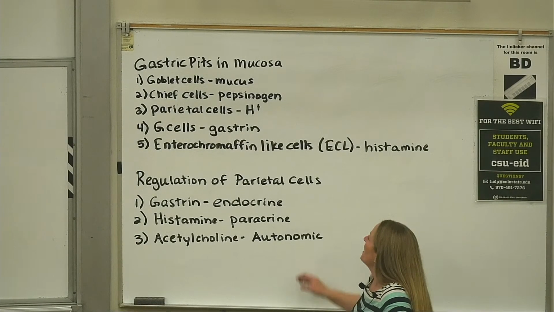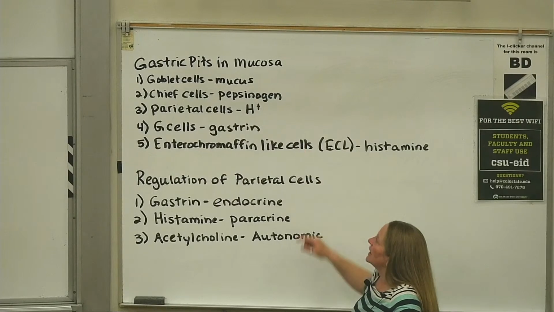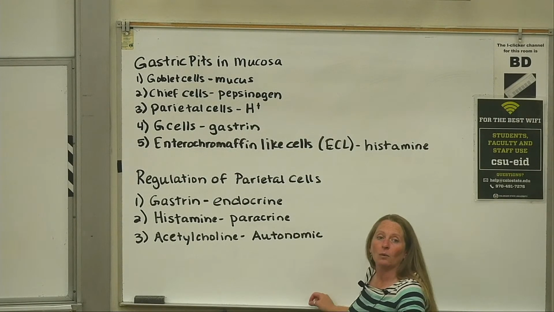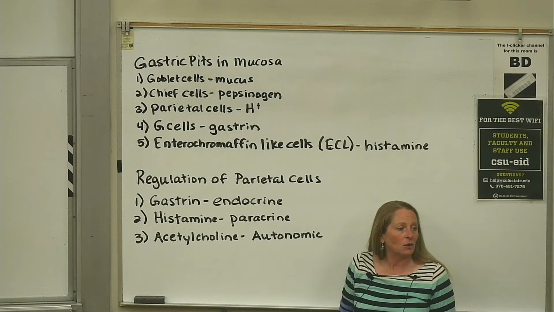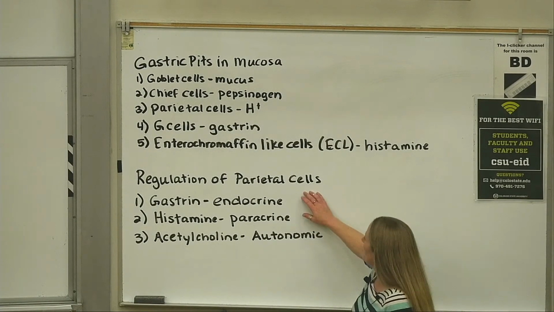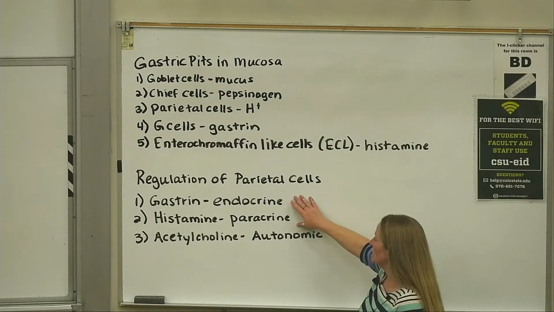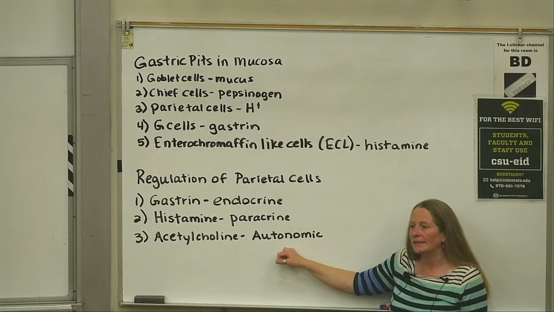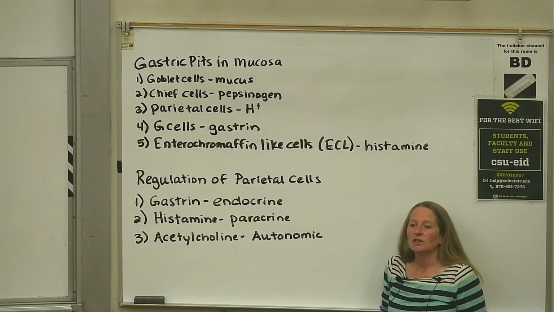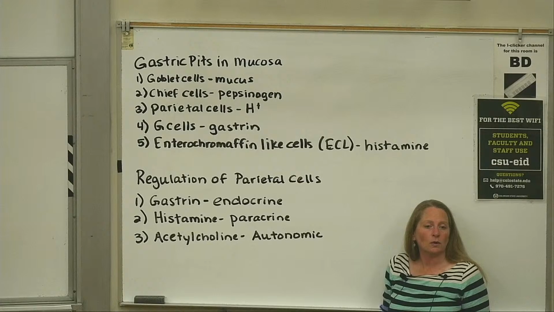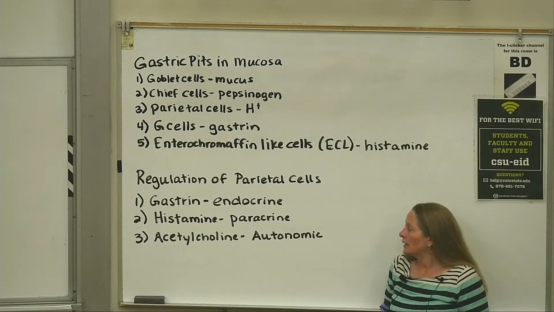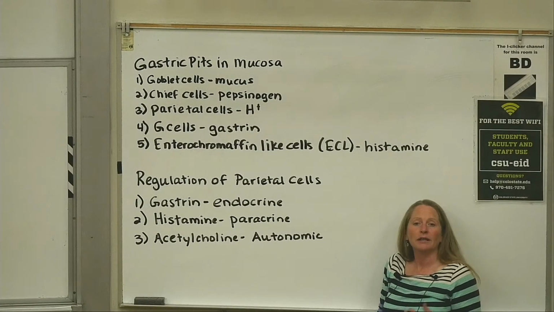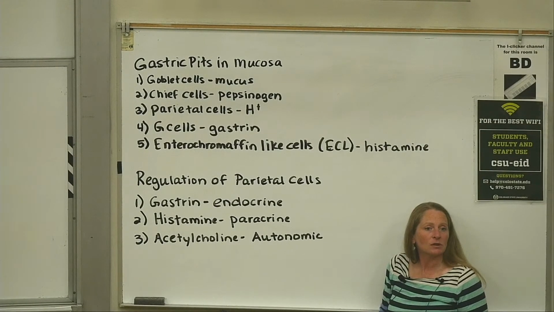The parietal cells that release hydrogen ion can be regulated based on triggers like eating. When we need more acid in our stomach, we can upregulate that by binding either gastrin or histamine coming from those gastric pits, or acetylcholine coming from the autonomic system. The parasympathetic system controls our digestion, and acetylcholine is released from the postganglionic neuron and binds to a muscarinic receptor. We'll look at all of that.